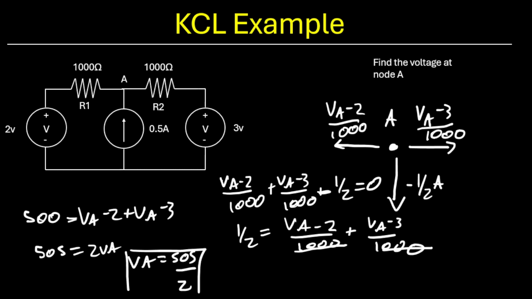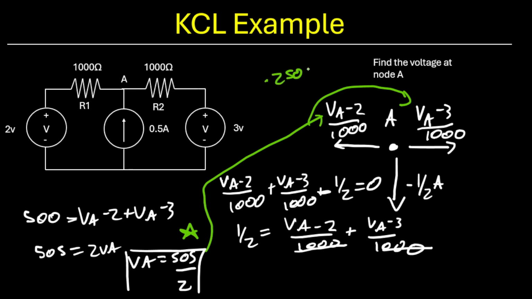Now, how do you error check this? Well, you simply plug this value for VA into your node equation. So 505 over 2 minus 2 divided by 1,000 is roughly 0.2505.